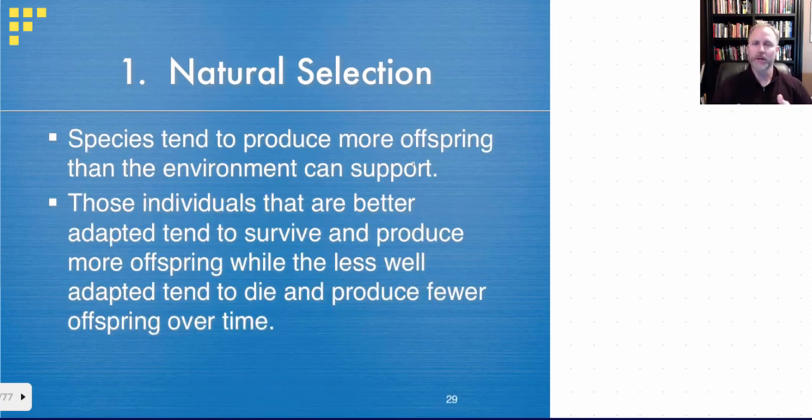Okay, we talked about the notion that species often produce more offspring than the environment can support. We talked about producing lots and lots of minnows and fish because very few of them survive. We talked about sea turtles. We talked about plants producing many offspring because only a few of them are actually going to end up as trees or other plants.